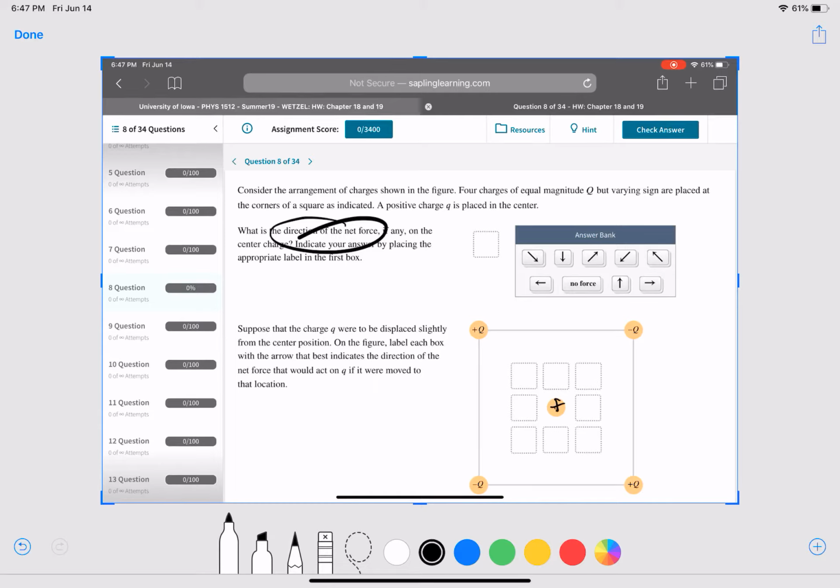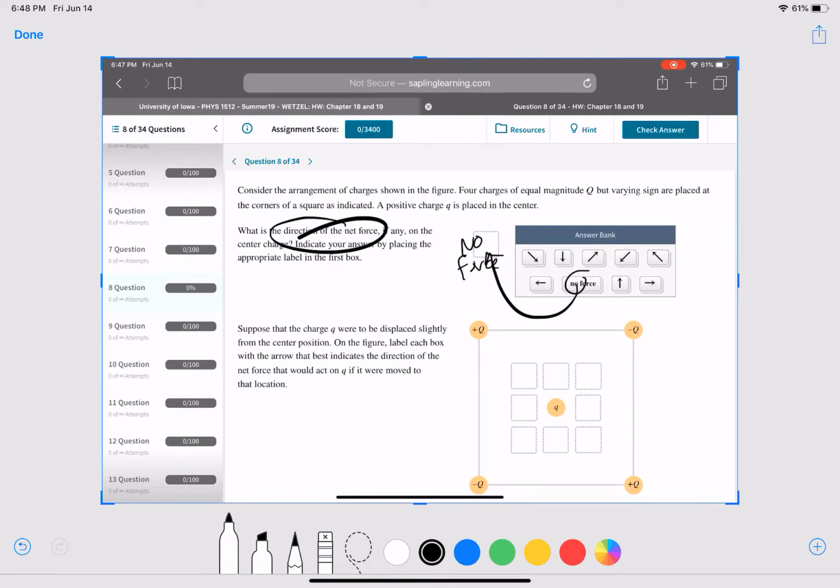On the center charge, we're going to experience a force this way from that one, because of the line connecting them, and they're the same charge, so we're going to have an opposite force this way, which is going to perfectly cancel out because these two are the same charge. And we're going to have the same thing: we're attracted to that one and attracted to that one, and they'll all cancel out. So our vector sum of everything, cancel, cancel, cancel, cancel, means that we're going to have no force. And so you should drag the no force up to there.